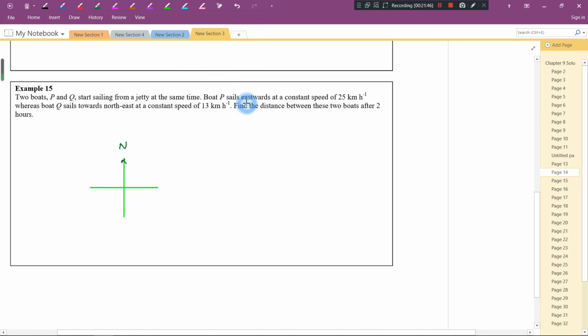Now I'm going to draw a line to represent the journey of boat P, sailing eastward from here to here. This is for P, and this is for Q, which I will draw shorter.